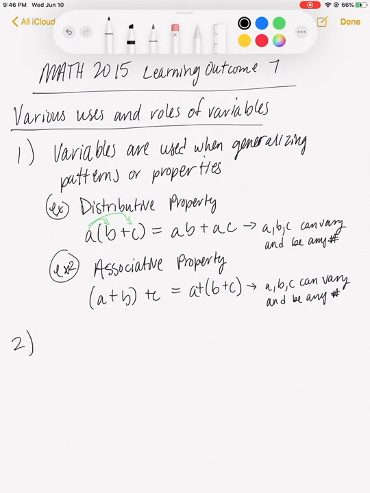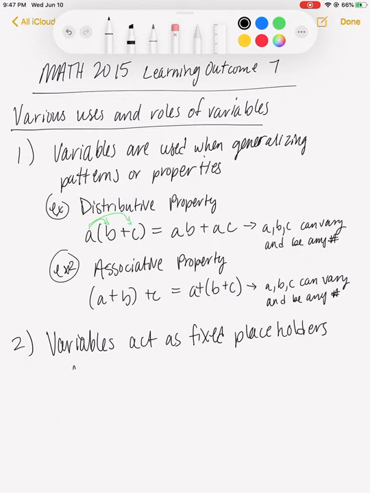Number 2, variables act as fixed placeholders. This is a little bit of a contrast to number 1. They can act as fixed placeholders or unknown fixed numbers.